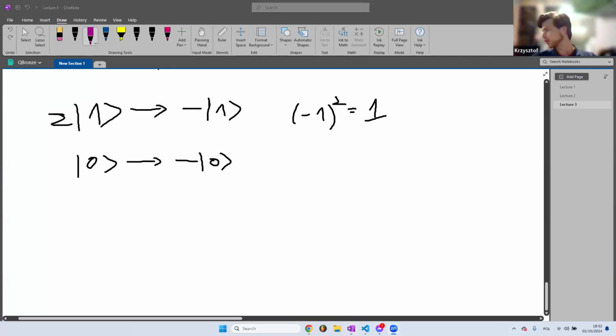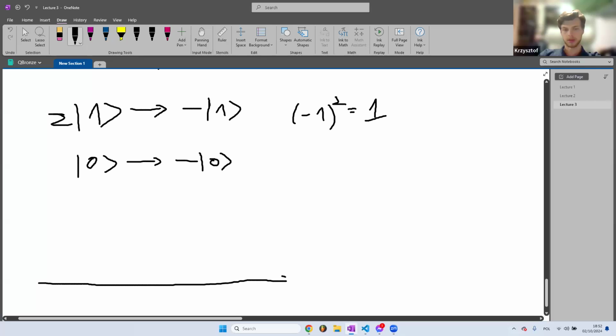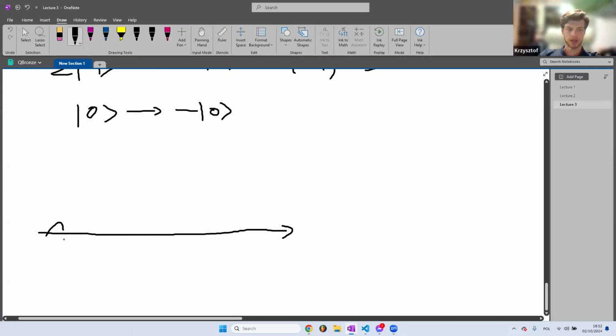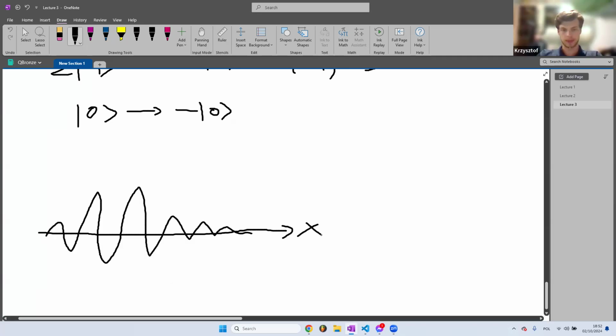Okay, is there an analog to wave function collapse when the state is measured in quantum computing? Yes. A wave function, in terms of a particle moving, you can imagine a wave function of a particle that's moving in space.